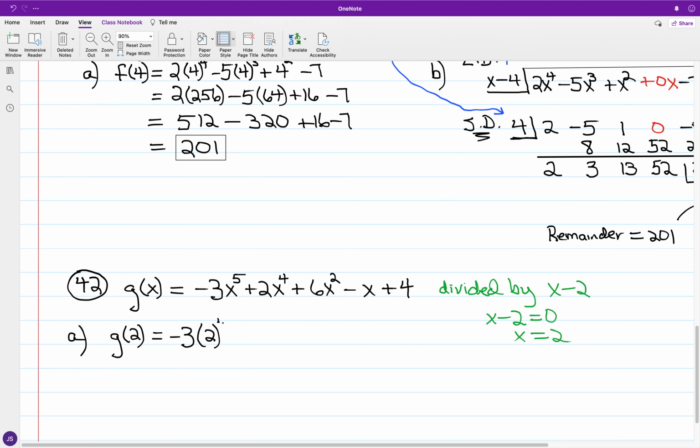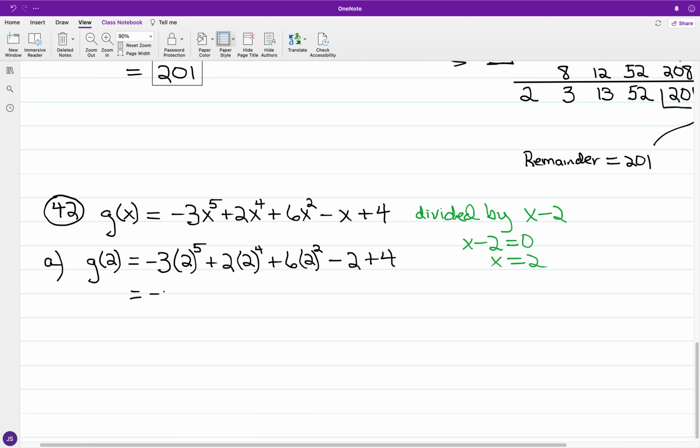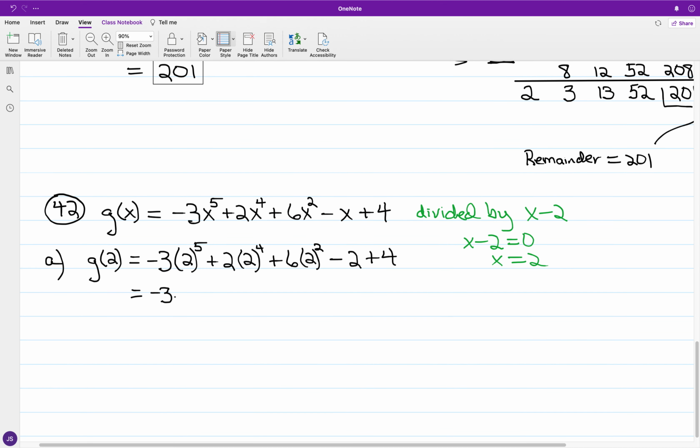So we have negative 3 times 2 to the fifth. And we have plus 2 times 2 to the fourth. Plus 6 times 2 squared. And we have minus 2 plus 4. And for 2 to the fifth, that is going to be 32.